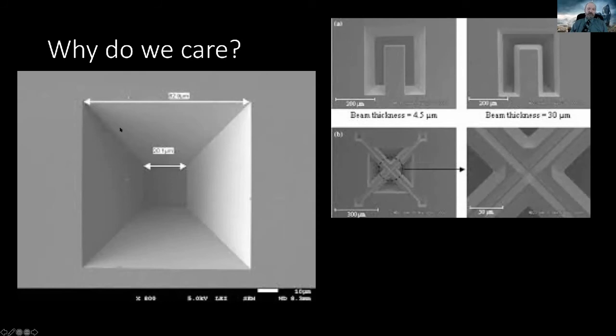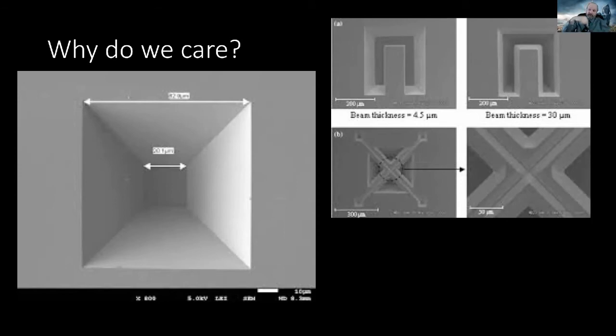So the one on the left, you can look at this and say, well, it could be a nozzle too, right? If you make this hole the right size, the bigger the hole, the deeper it's going to go. If you make the hole smaller, imagine if the hole was half this size, the 111 planes would meet and it would stop etching pretty much.